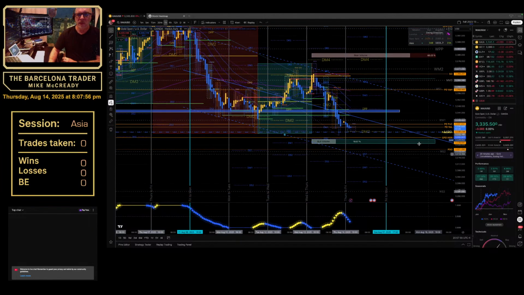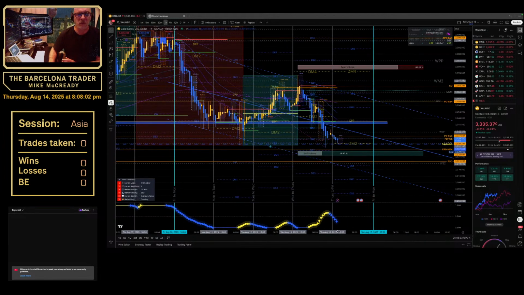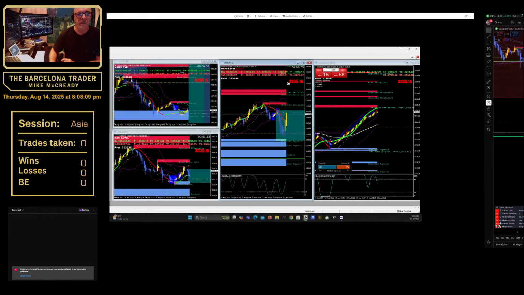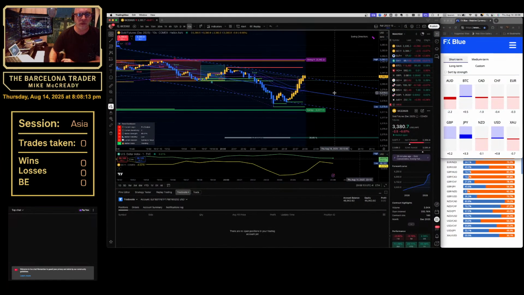So I can look at these quickly just to regain my bearings on where the market is structurally, but then keep my eye on the actual price action that is happening right in front of me by looking here at the 10-second chart, which is the one that we trade futures off of.